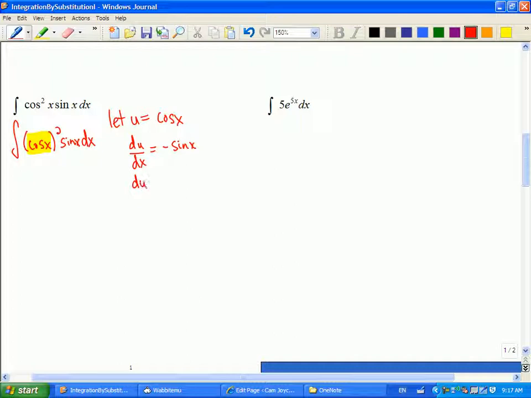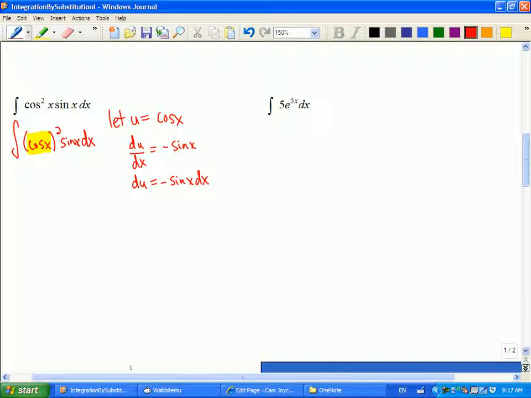So du is negative sine x dx. I will work it through the other way if you pick the other pairs to see what you have, but let's talk this one through first.